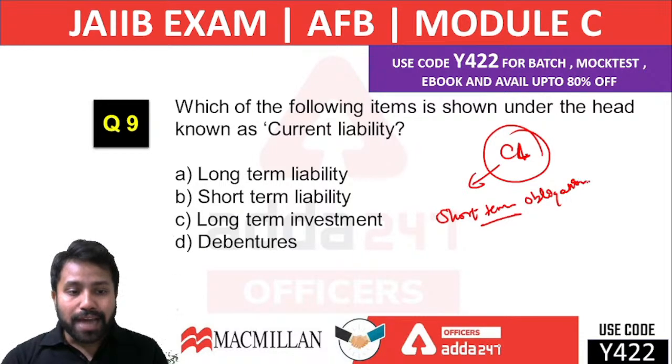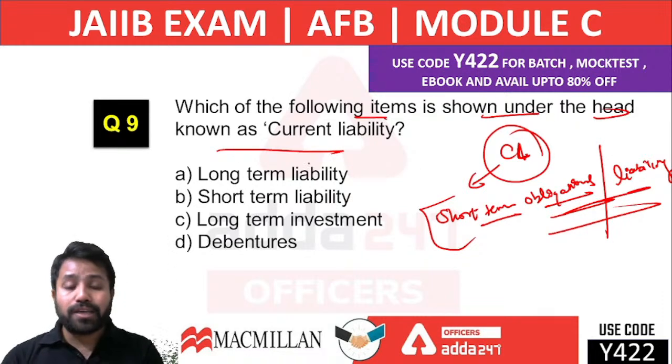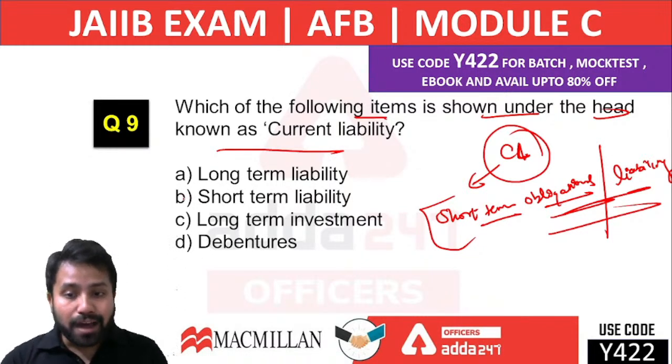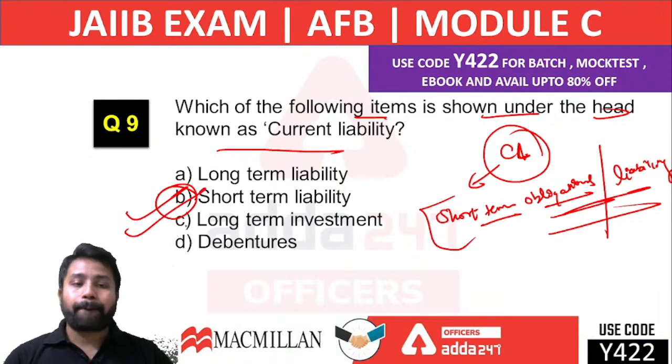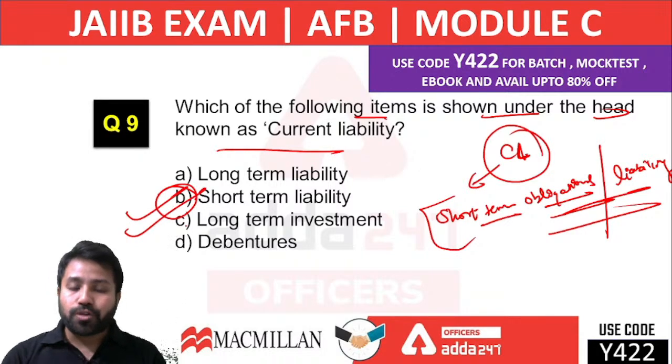So now tell me which of the following items is shown under the head known as current liabilities. The correct answer would be short-term liabilities. If I ask you which of the following options is known as a non-current liability, your answer should be the non-current one.